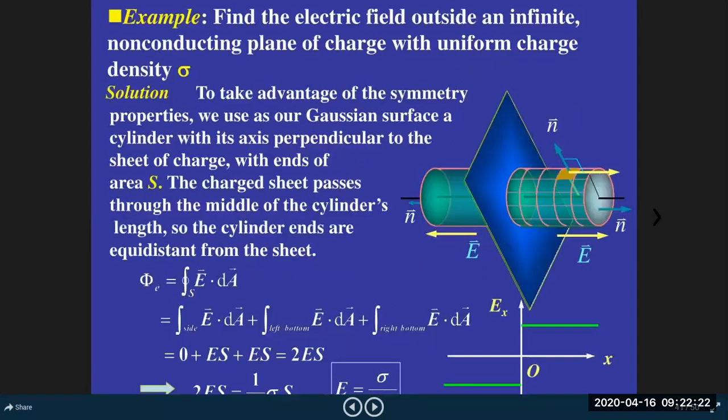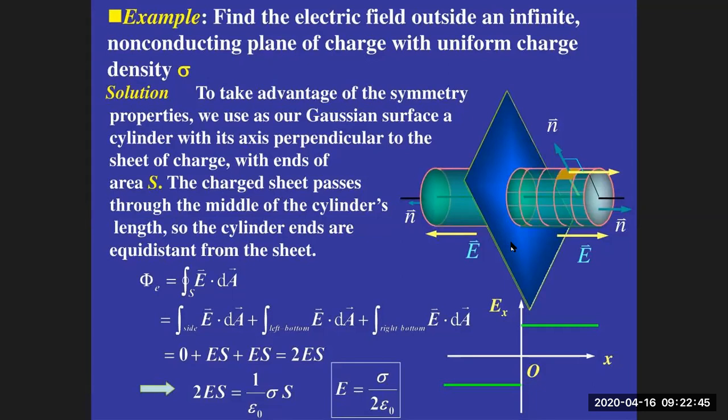Now, try to understand another example. Find electric field outside an infinite non-conducting plate of charge with uniform charge density sigma. Remember, in your textbook there is a problem: using Gauss law determine electric field due to an infinite thin charge sheet.